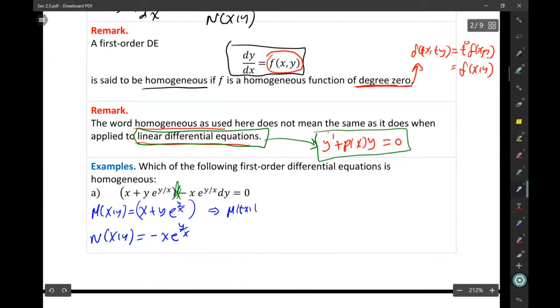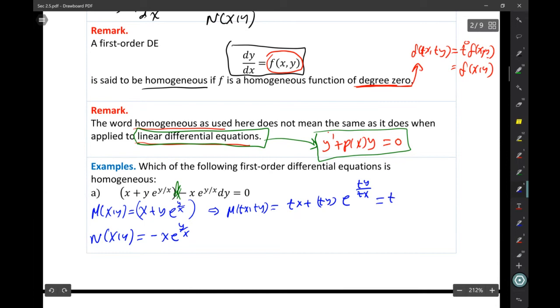Now m of tx, ty equals, replace each x by tx and each y by ty, which gives us tx plus ty times e to the power ty/tx. Now ty/tx is equal to y/x.